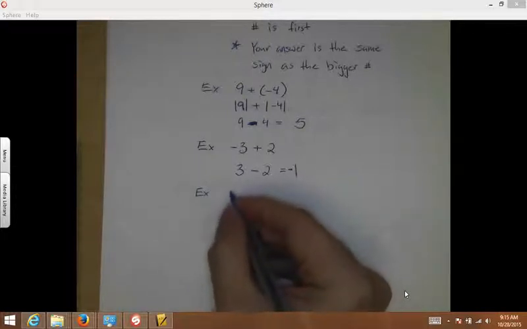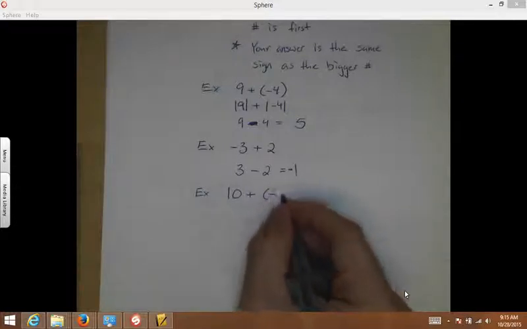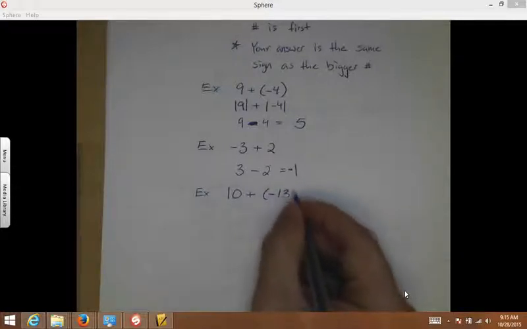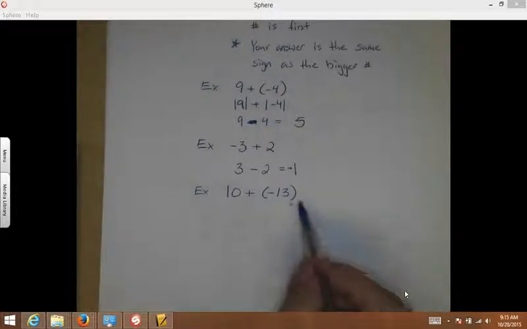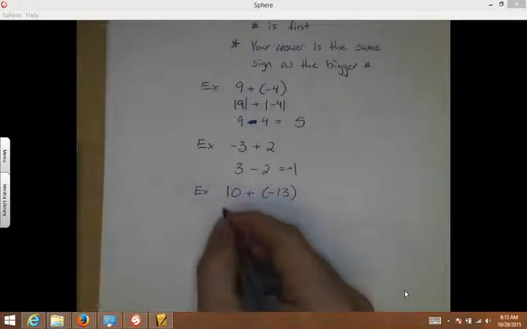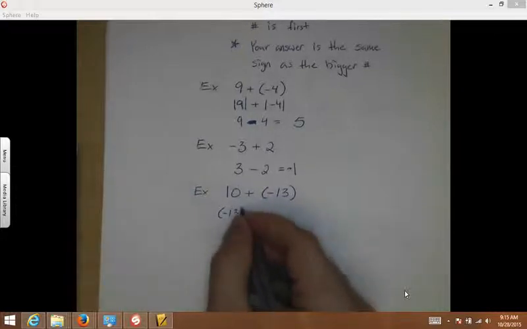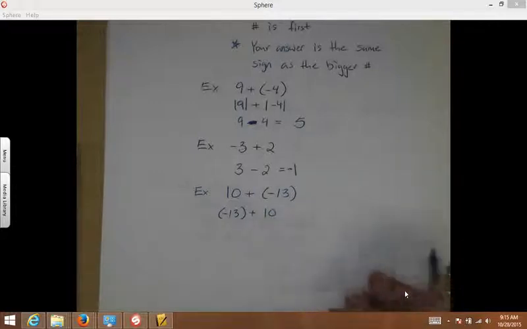Another one. Let's do 10 plus negative 13. Alright, so first of all, if I ignore the signs, the bigger number is going to be this one right here. So I can rewrite it as negative 13 plus 10. And remember, with addition problems, you can mix things up.